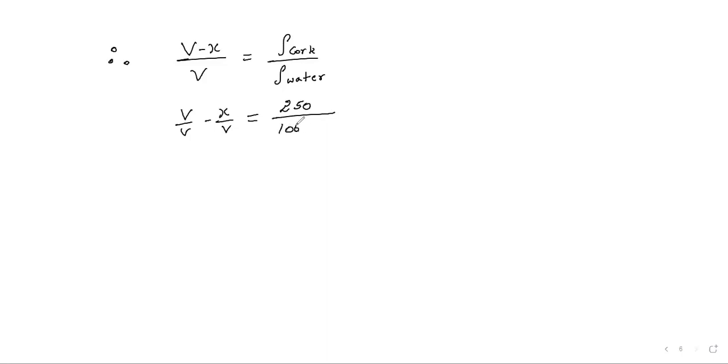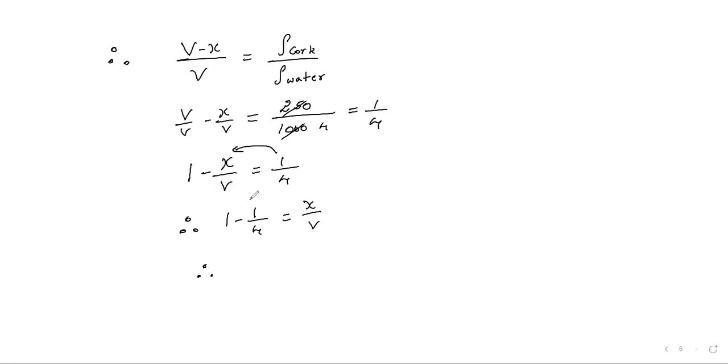Density of water is given as 1000. So 250 by 1000 gets cancelled to 1/4. Here the terms V and V will be cancelled. 1 minus X by V is equal to 1/4. Therefore, 1 minus 1/4 is equal to X by V. I am taking this 1/4 to the right side and sending the minus X by V over. Therefore X by V becomes, taking the LCM, 4 minus 1, that is 3, so 3/4.